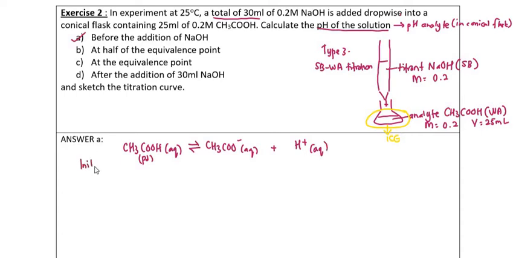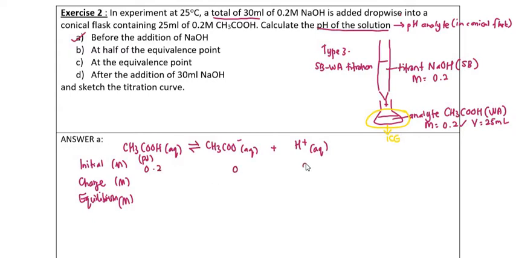Next, initial, change, equilibrium. The unit for the ICE table here is molarity. Initial concentration for ethanoic acid is given here, 0.2.